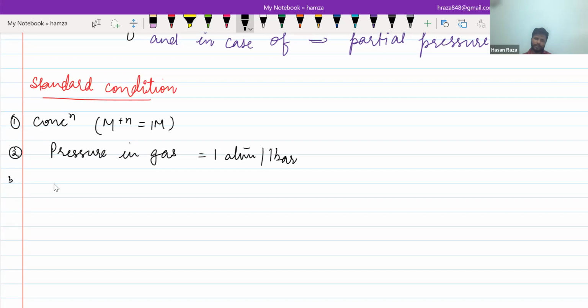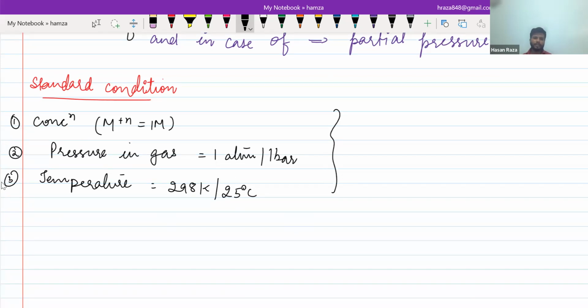And the third is temperature. At a standard condition, the temperature must be 298 Kelvin or 25 degrees centigrade. So this is about a standard condition.